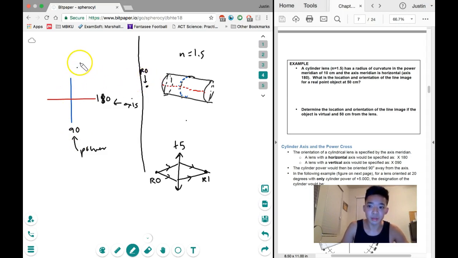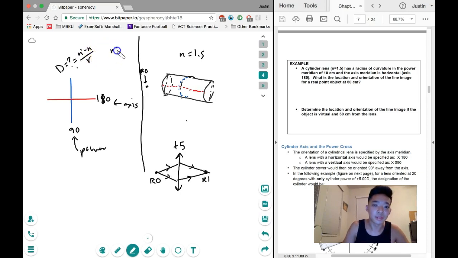They don't tell you that, but they do tell you that the radius of curvature in the power meridian is 10 centimeters. So we don't know what the power is, but we do know that D equals n prime minus n over r.